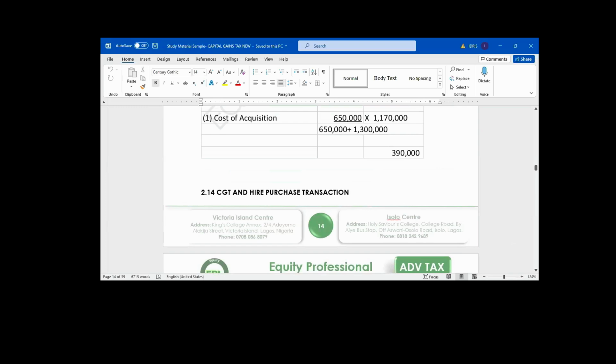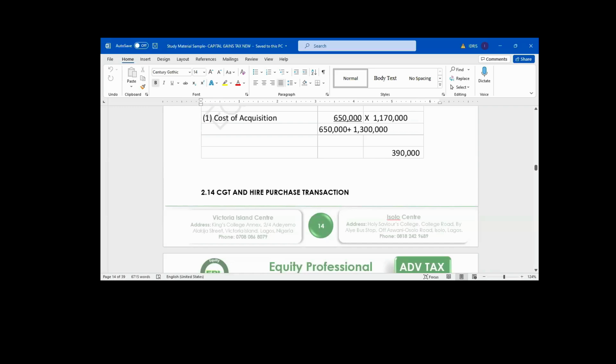The first one, which is from the angle of a buyer. Someone bought an asset on hire purchase and paid a total sum of 300,000. That is the hire purchase price he paid. Out of that 300,000, the cash price is 280,000, while the interest is 20,000.